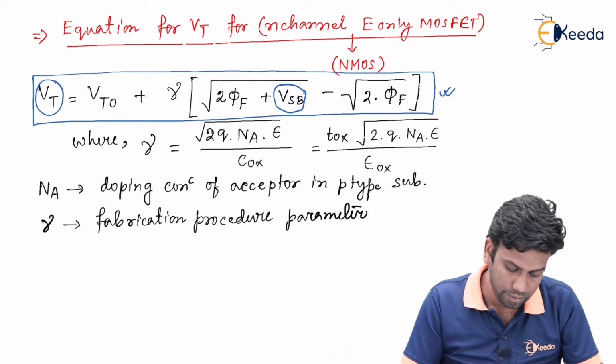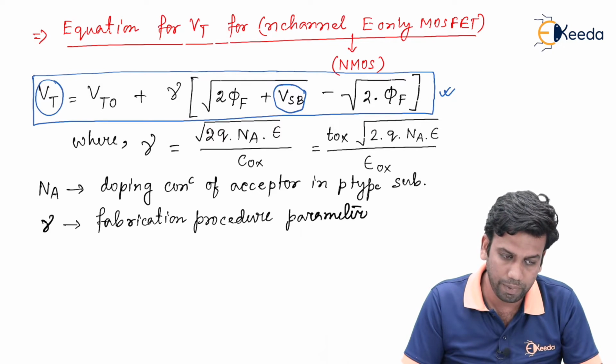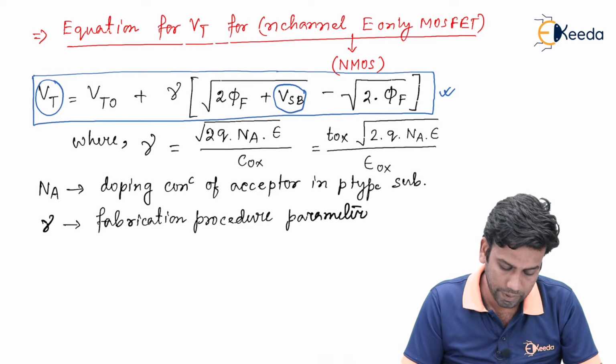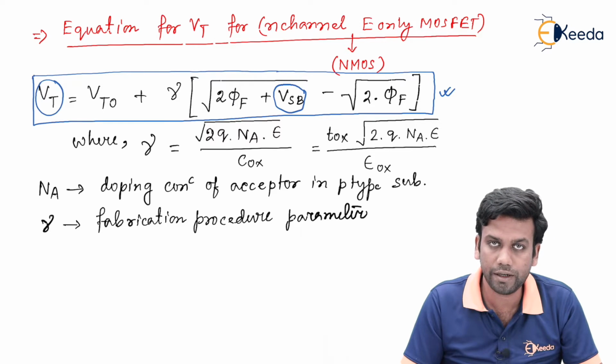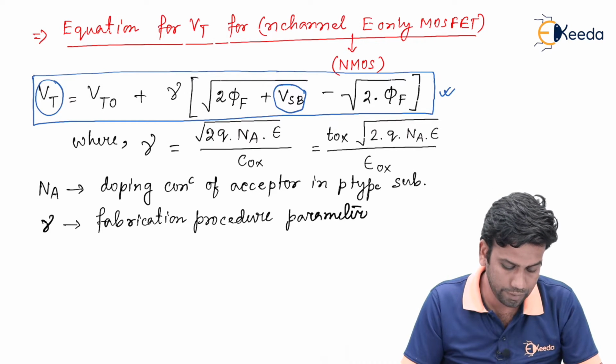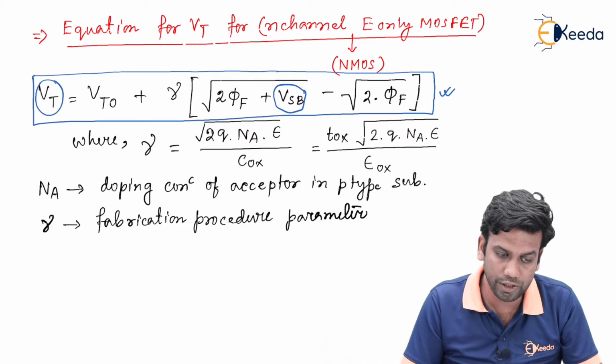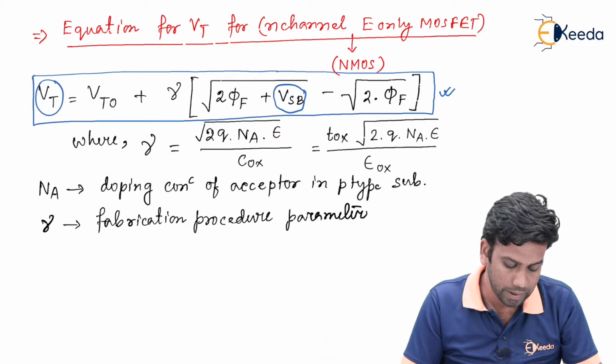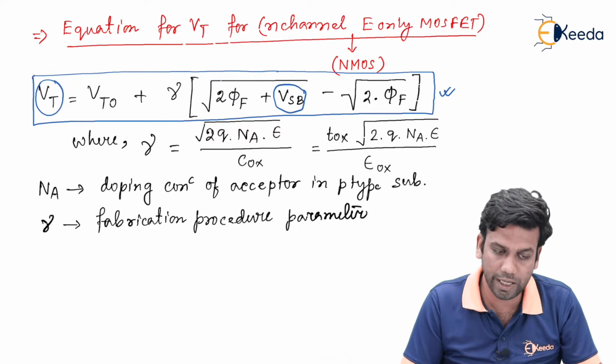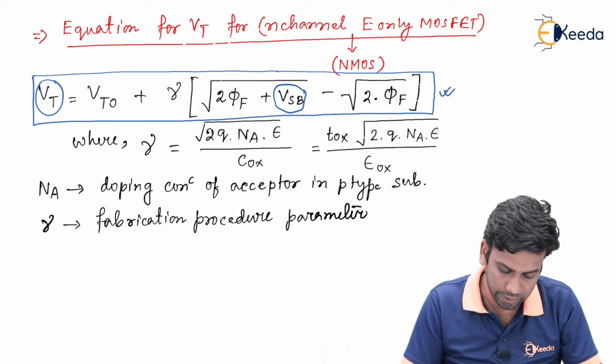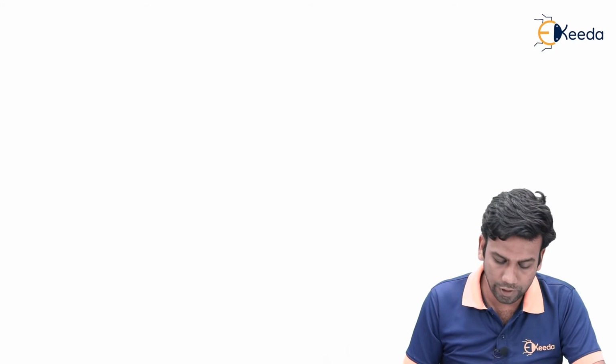So there are many ways by which we can control or reduce the value of the threshold voltage. So the procedures to reduce the threshold voltage of the NMOS are the following.